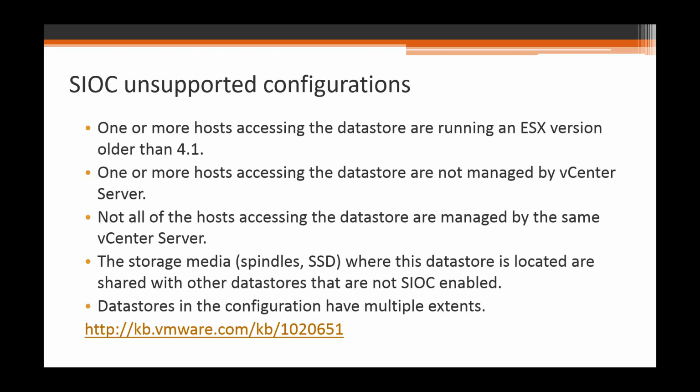So you shouldn't use Storage I/O Control in environments where you're sharing a physical device on the storage with external systems that are not under the control of Storage I/O Control. You shouldn't. But it's not that it's not possible, right? Because if Storage I/O Control does not detect that external workload, it will go back to working. Follow this knowledge base for supported and unsupported configurations.